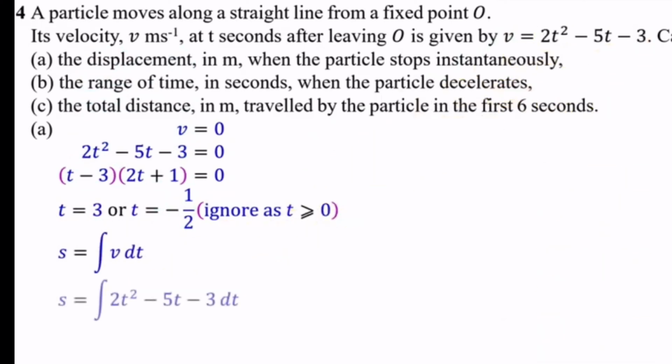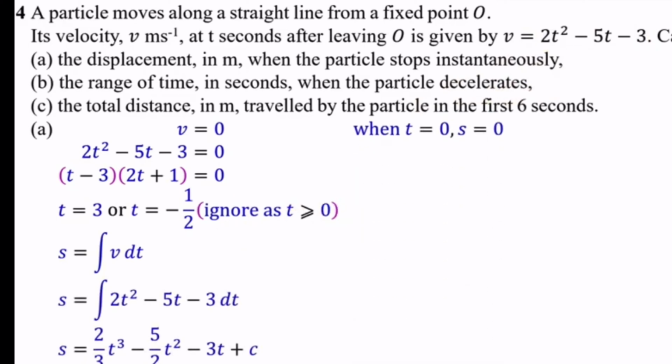But we need to integrate the velocity to get the displacement function before we can substitute t equal to 3 into it. So if we integrate, we will get 2t cubed over 3 minus 5 over 2 t squared minus 3t plus c. When t is 0, s is 0, hence c is 0.